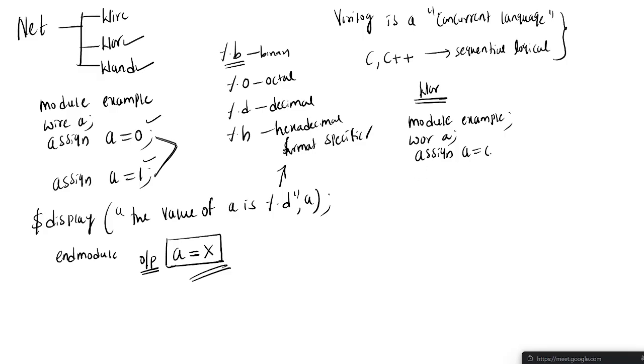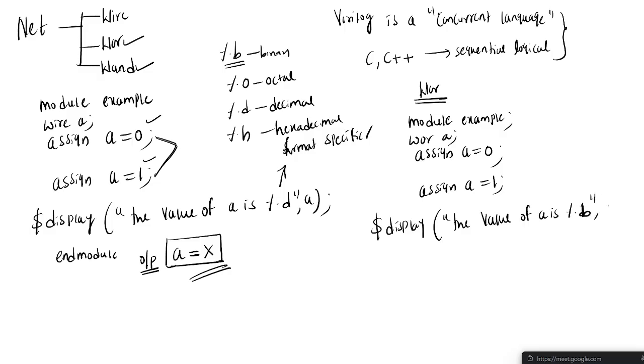And assign a equal to 0, and assign a equal to 1. $display the value of a is %b, comma a, and endmodule. Now tell me what is the value of a?